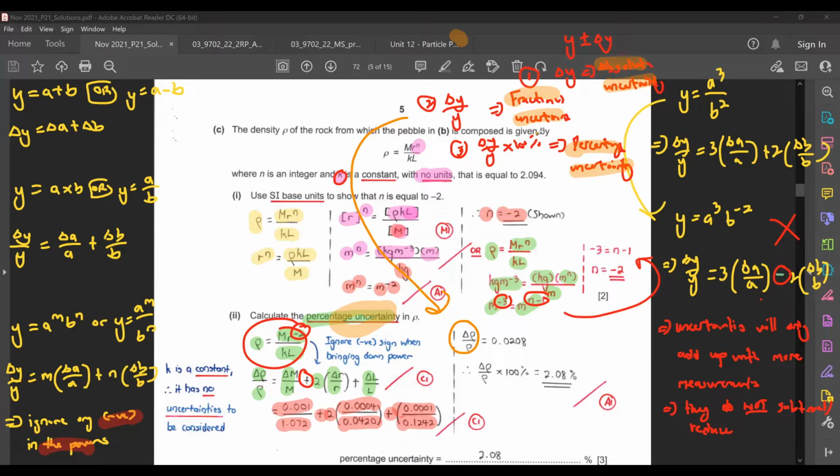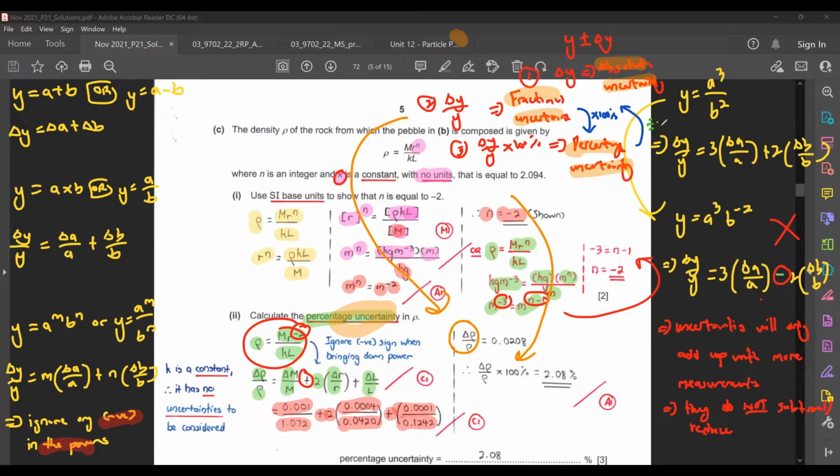To change it to percentage uncertainty, you just need to multiply by 100. From fractional to percentage uncertainty, you times 100%. From percentage uncertainty to fractional, you divide by 100. That is the thing that usually you would need to know.